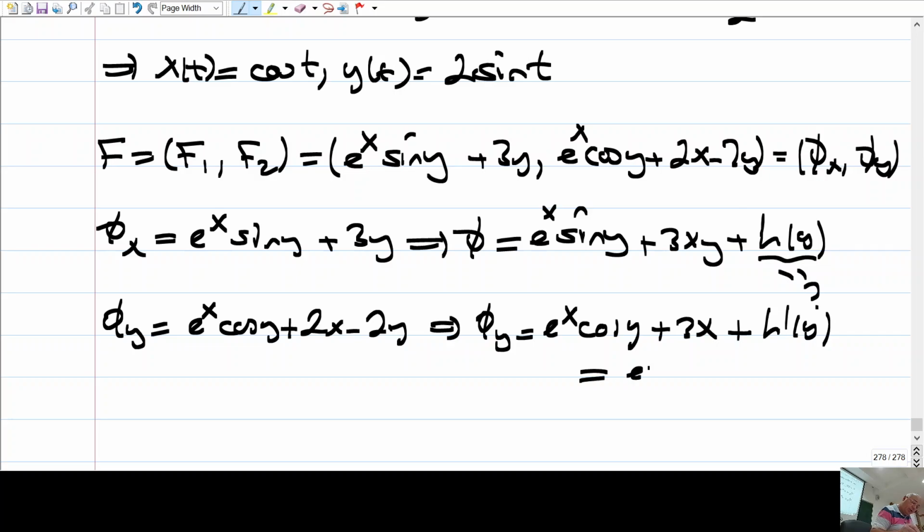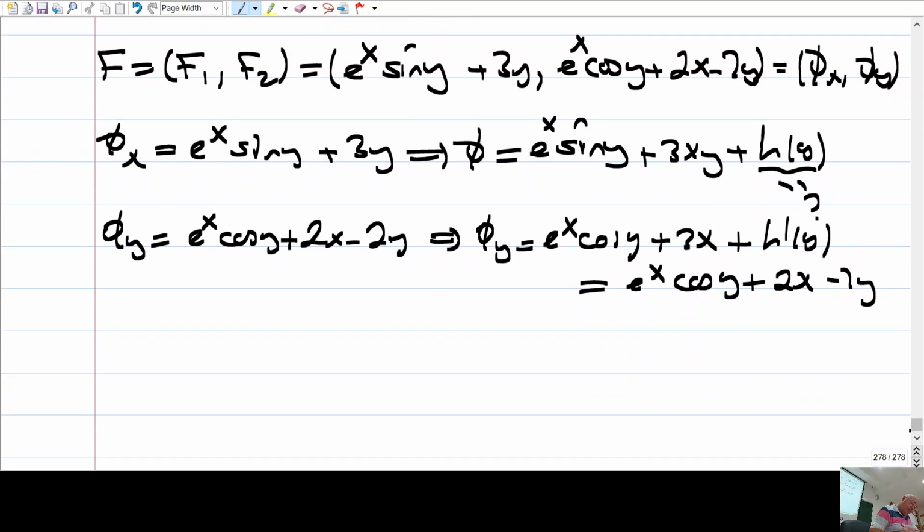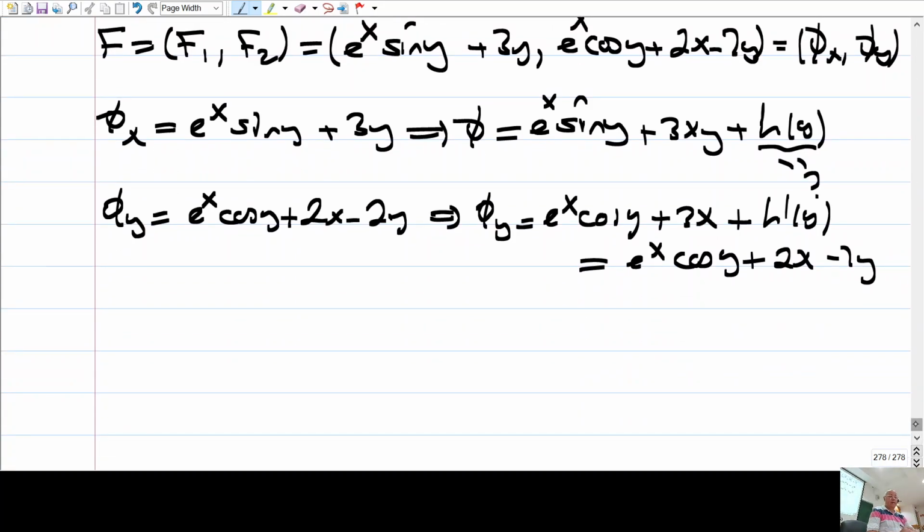So this should be e to the power x cosine y plus 2x minus 2y. Well, this is not conservative, right? The reason is that I can choose h prime as this one, there's no problem with that, but this thing here, this is 3x, this is 2x.